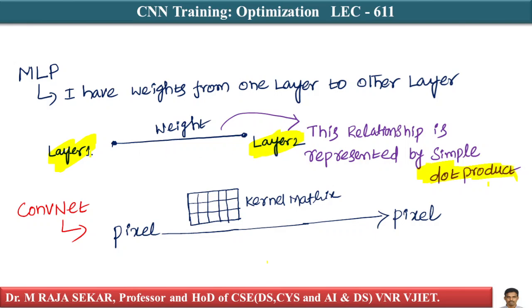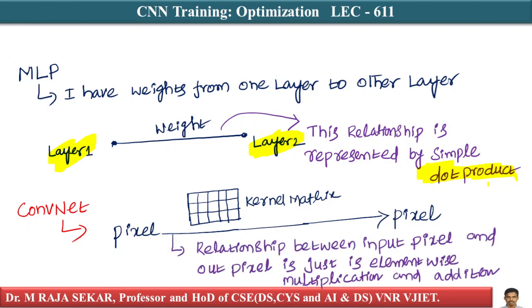But in the case of a convolutional neural network, the relationship between input pixel and output pixel is just a matrix multiplication, isn't it? It is element-wise multiplication.